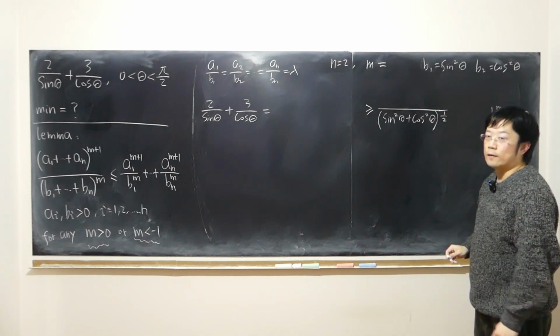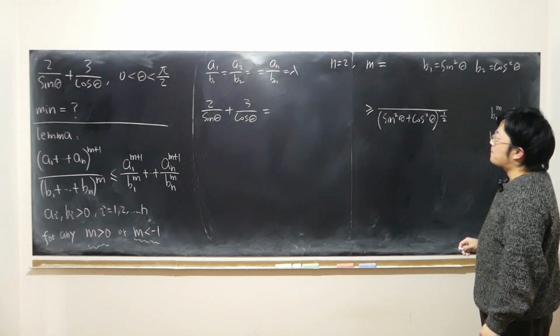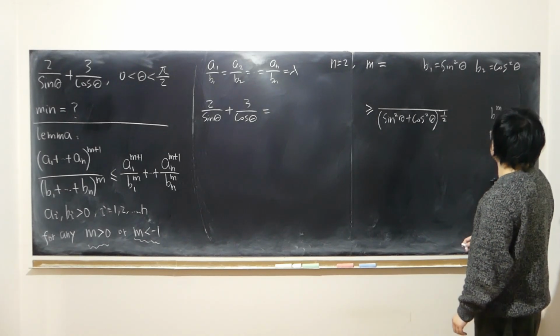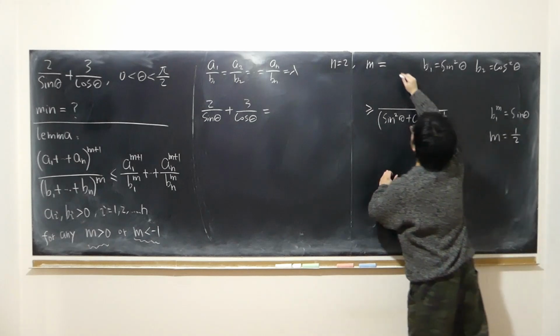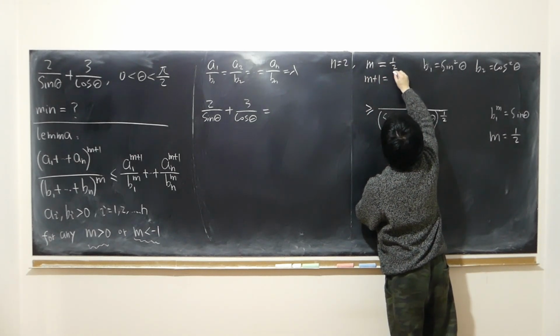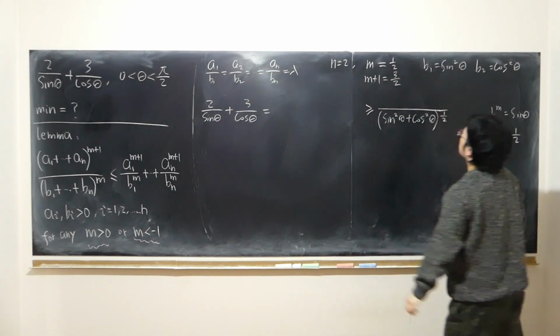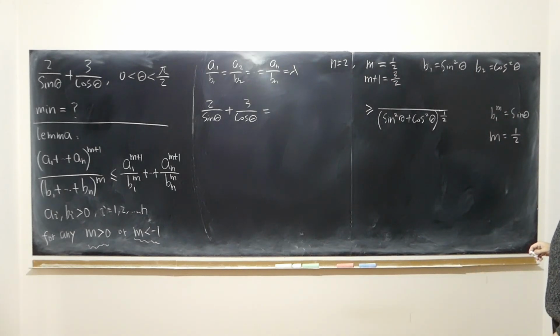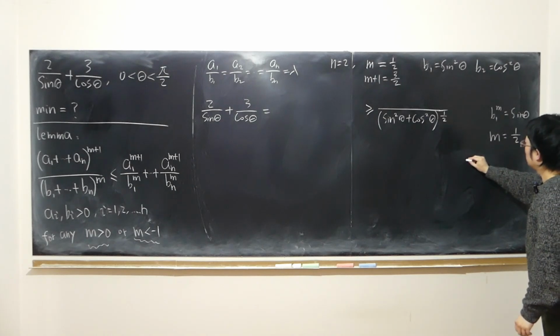All right, what's A1? What's A2? Which means m plus 1 has to equal 3 over 2.